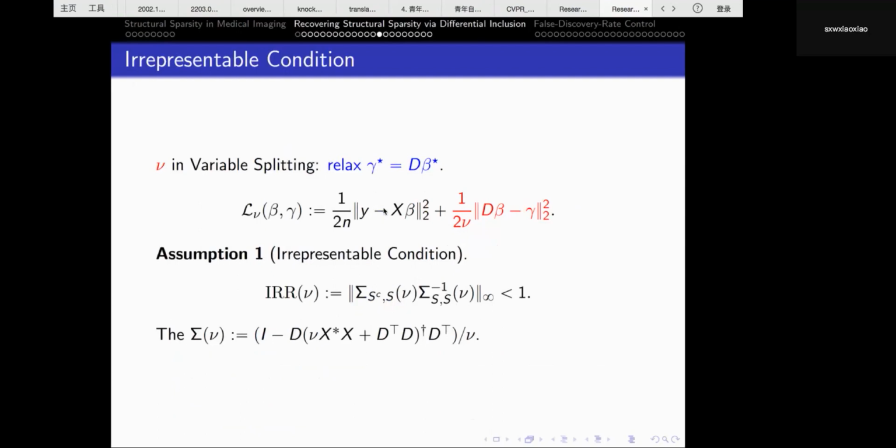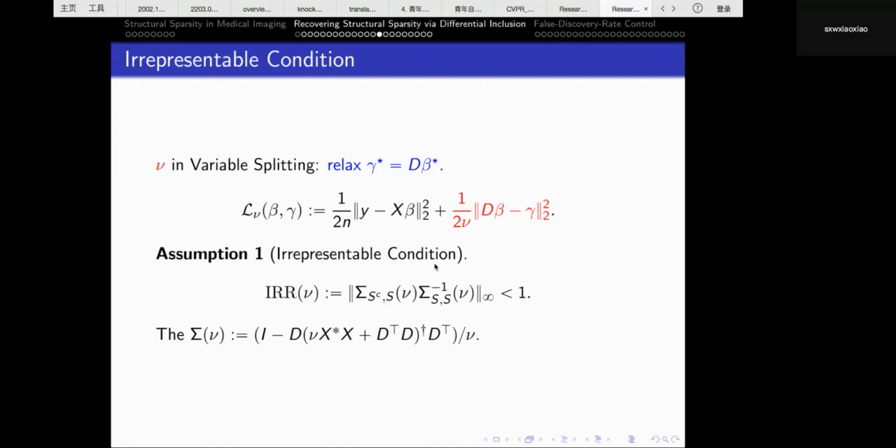Recall that we previously introduced a variable splitting term which has a hyperparameter nu, and a larger value of nu in our variable splitting can relax the linear constraint between D beta and gamma. Hence, it lifts the original parameter space into a higher space, making it easier for the irrepresentable condition to hold.